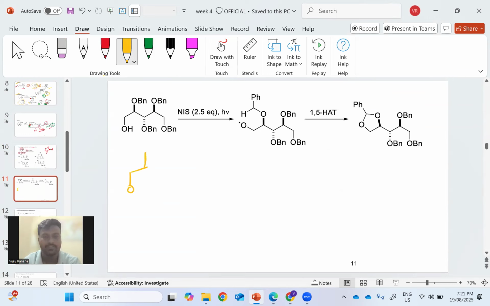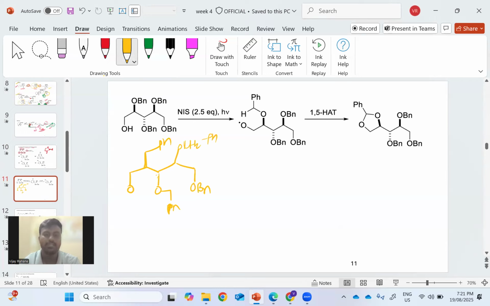If I just draw the OBn, it means the OCH2Ph group, right? So this is again OCH2Ph. Obviously, the same is OCH2Ph. I'll just draw it in a different manner so it will be easy for your understanding.